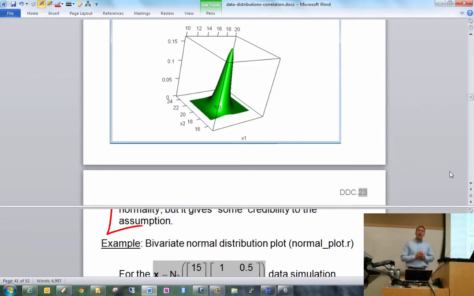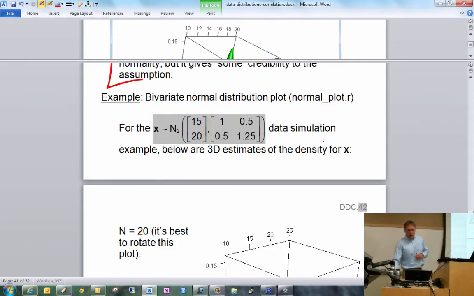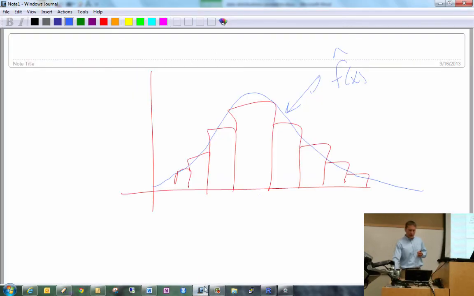Let's say we have a sample, and we want to see if this sample follows the shape we see in the true distribution itself. Similar to the univariate situation, where you could draw a histogram and put a normal distribution curve on it, that's your f of x hat, an estimate of f of x.